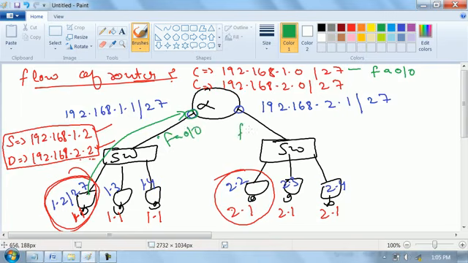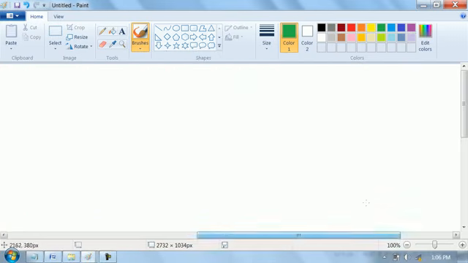and this interface is FA0/1. Fine. Now router will receive traffic on this interface. What router will do? Router will check destination IP. Destination IP is 2.2. How router will match?